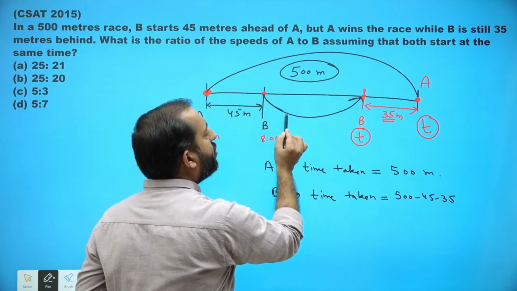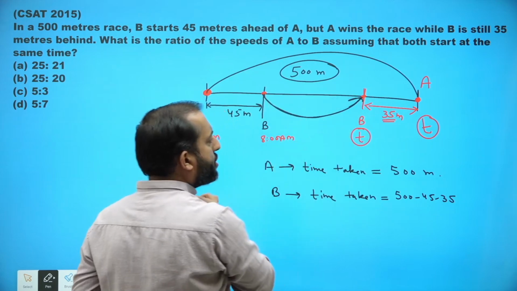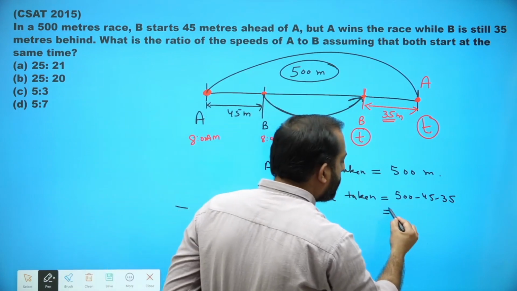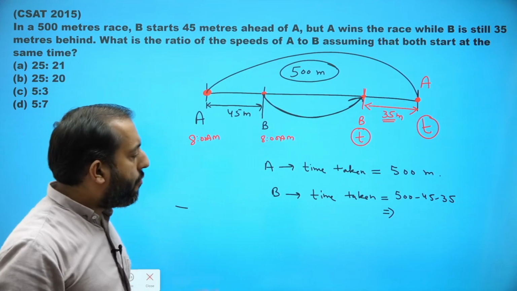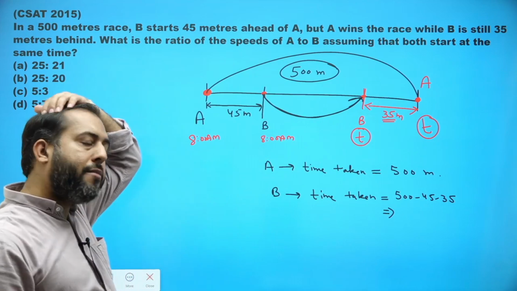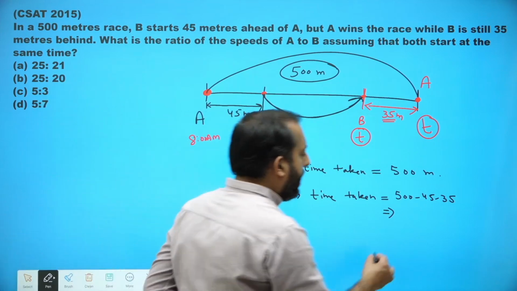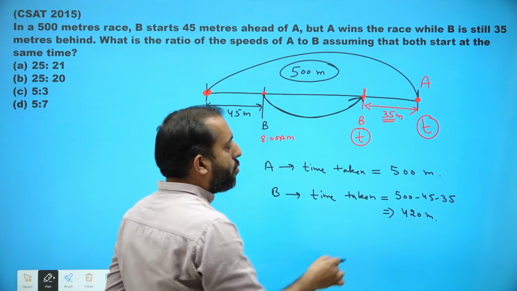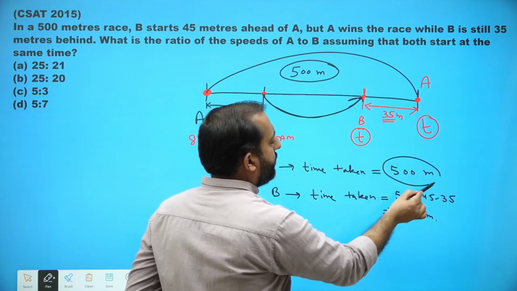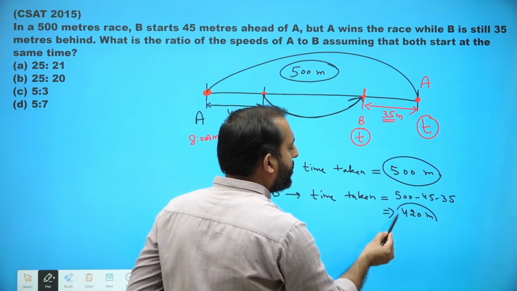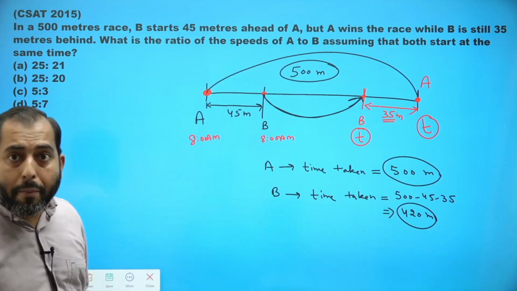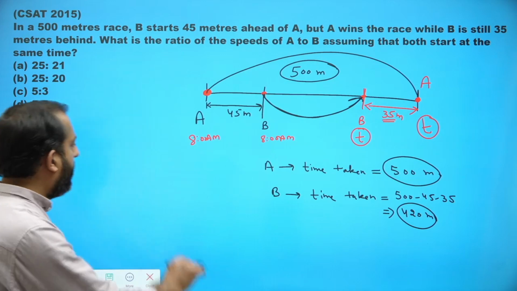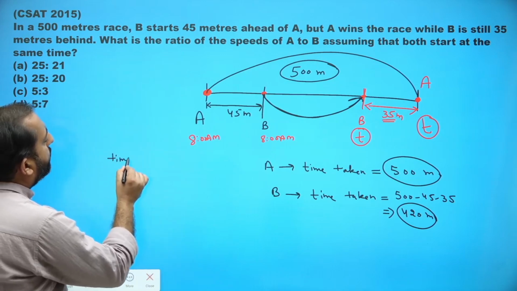Please pay attention to my hand. So this much of the distance is 45 and 35, 80, and 500 minus 80 is 420 meters. So the time in which A is covering 500 meters is the time in which B is covering only 420 meters. So time is the same.